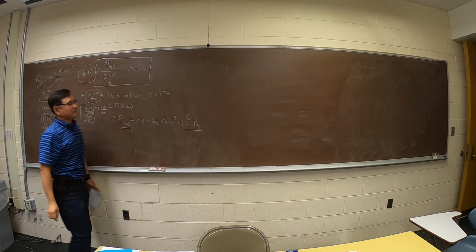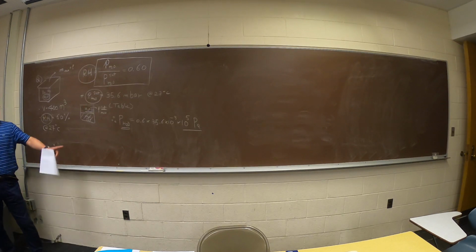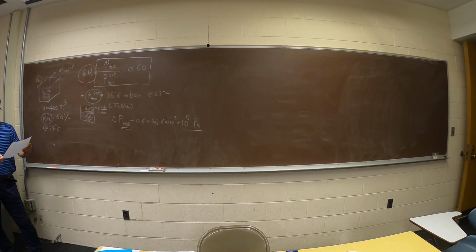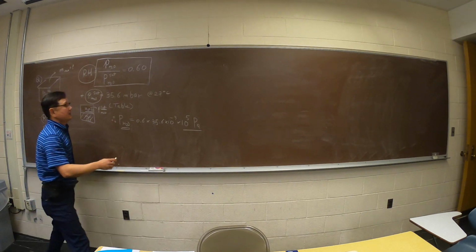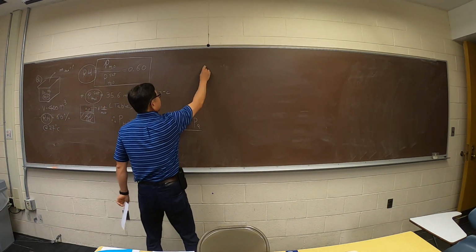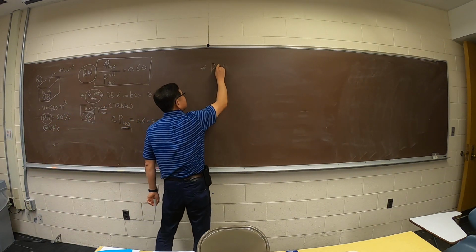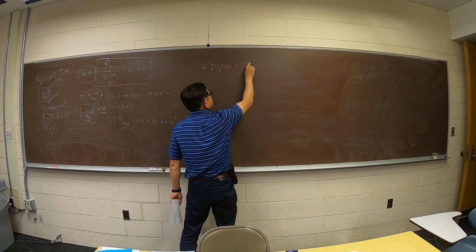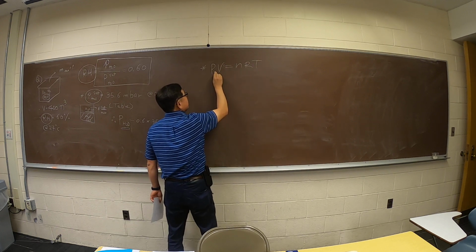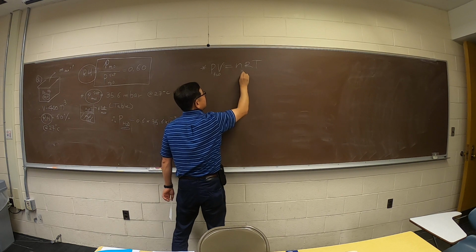Okay, that's a bar, that's a millibar that I was... So I already kind of chose myself to use the Pascal as my pressure unit. So I got this, and then PV equals nRT, so that's H2O, H2.